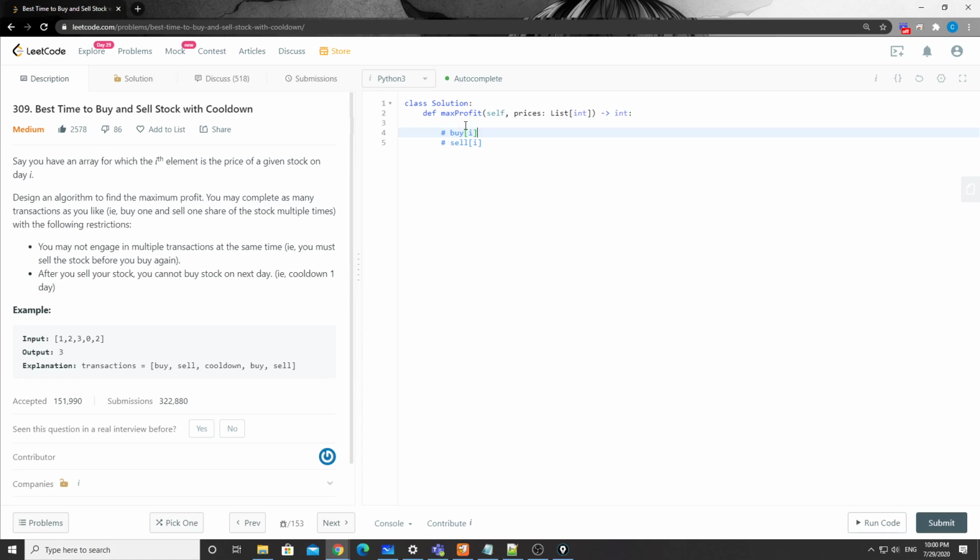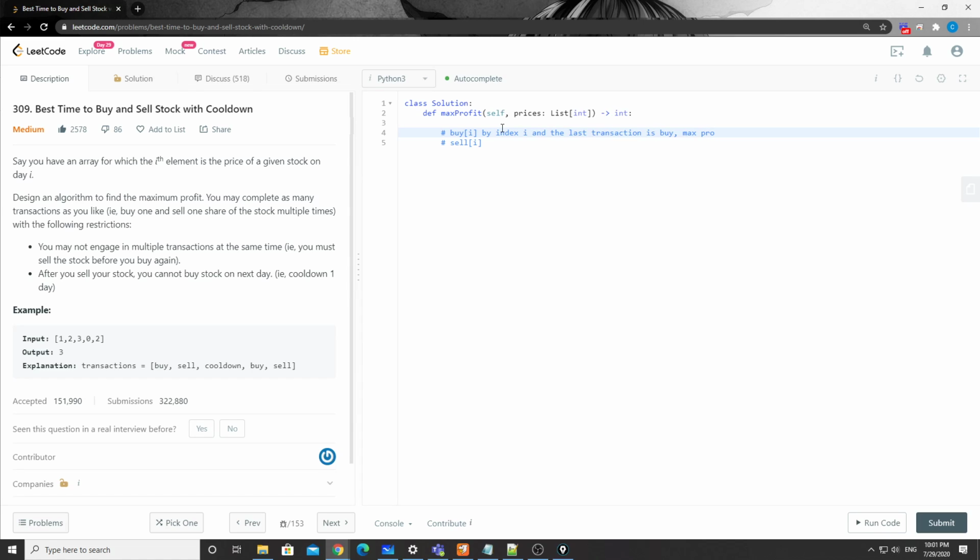So what does buy and sell mean? It means that by index i, the last transaction is buy, and the maximum profit.